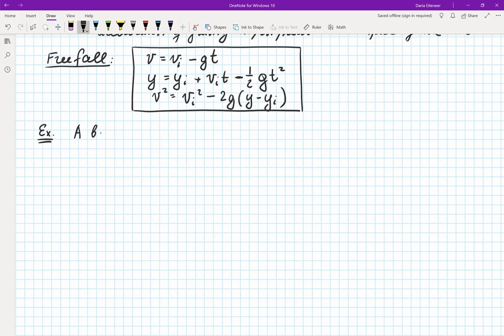A ball is thrown straight up with initial speed of 30 meters per second.